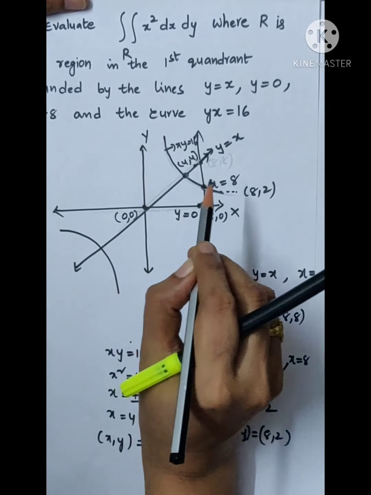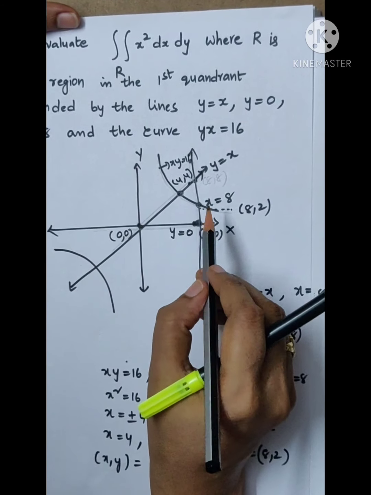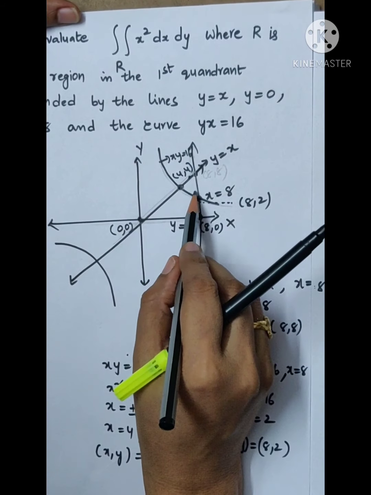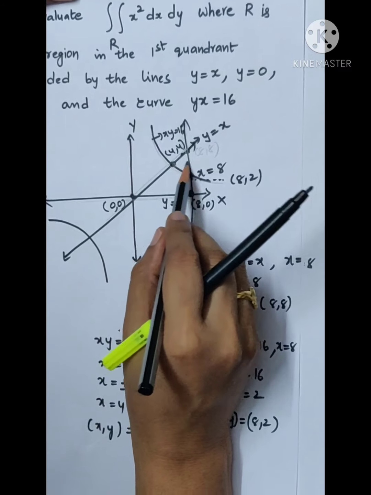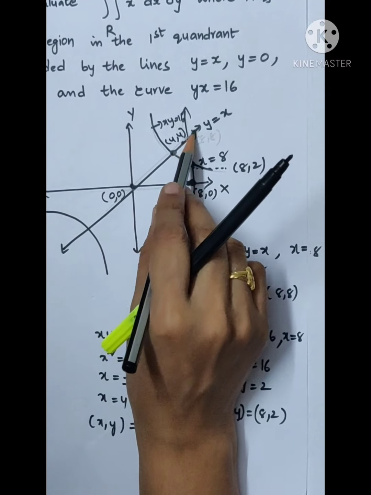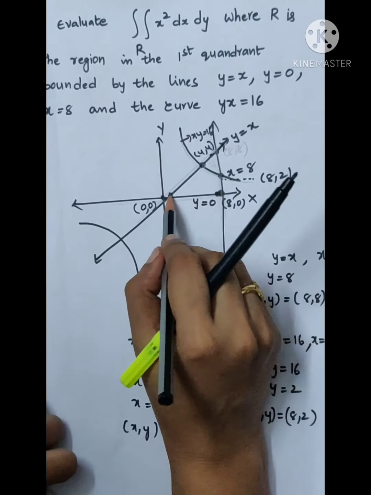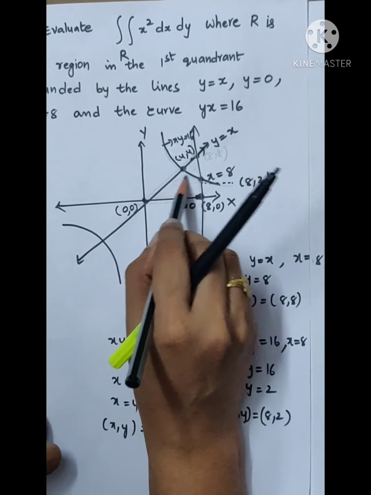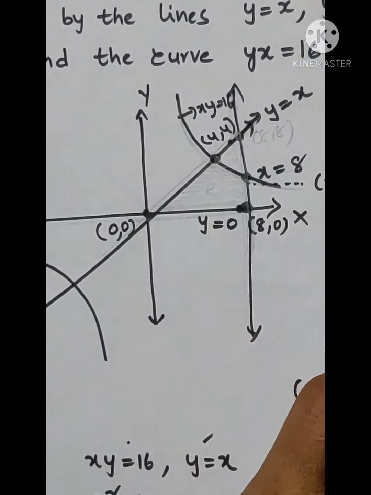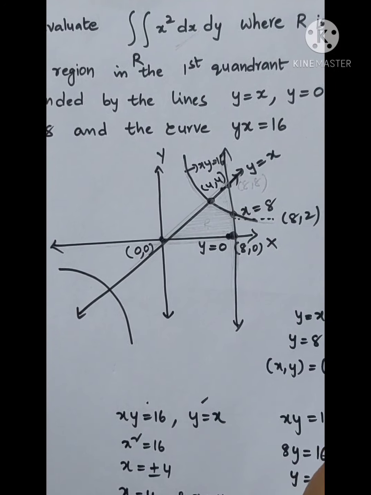You may think that this small triangle is the region, but observe: it is bounded only by xy equal to 16, x equal to 8 and y equal to x. It is not bounded by y equal to 0. So this is not the region of integration. This shaded part is the region of integration. In this region, we have to evaluate the double integral of x squared dx dy.